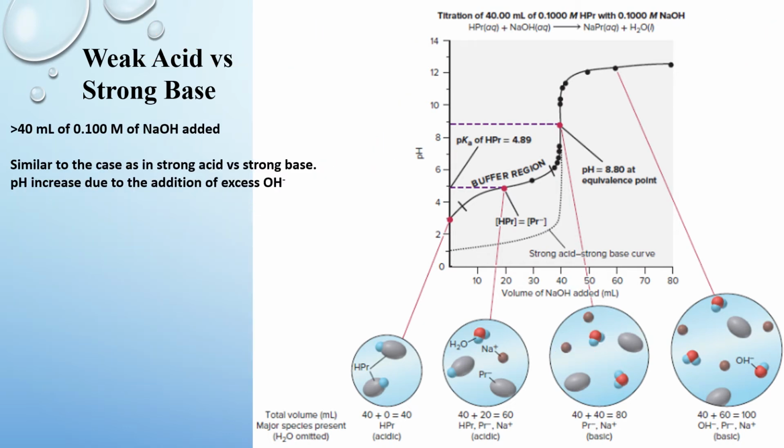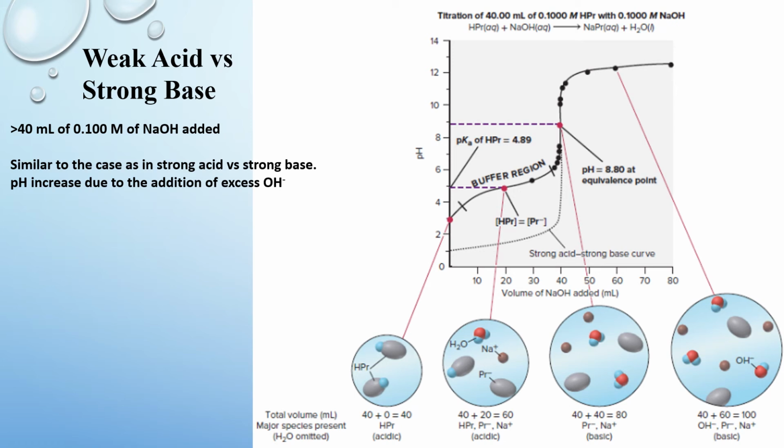After the equivalence point has been reached, the pH of the system will only depend on the actual amount of the strong base added. So the curve has the same shape as in the previous example, between the strong acid and strong base. You may argue, how about the existence of the PR-, the conjugate base of the weak acid?